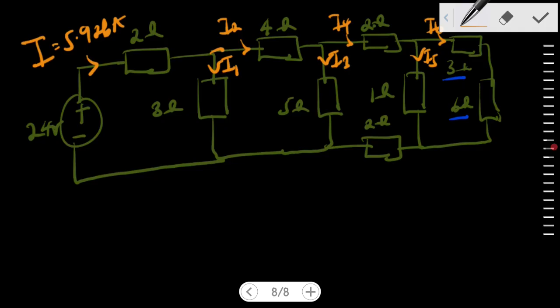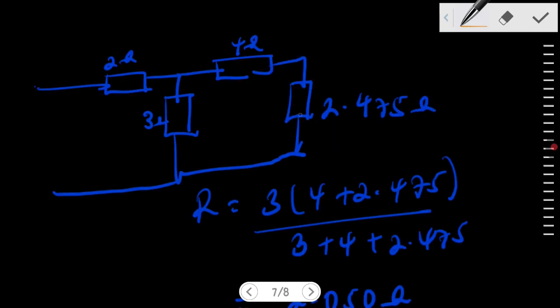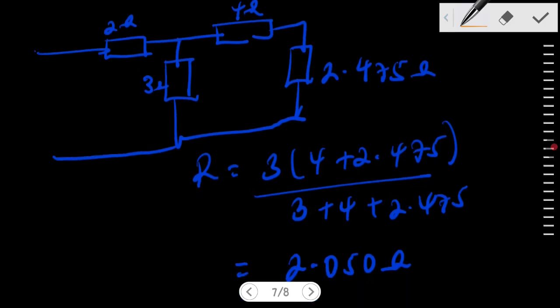So if you look at it, the 3 is in parallel with this. But let's say 3 is in parallel with 3 plus 0.475, right? So that means that if I get the sum of this, 4 plus that, the 3 ohm resistor is in parallel with 4 plus 2.475, right?